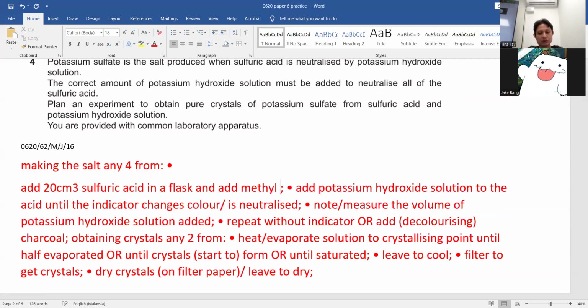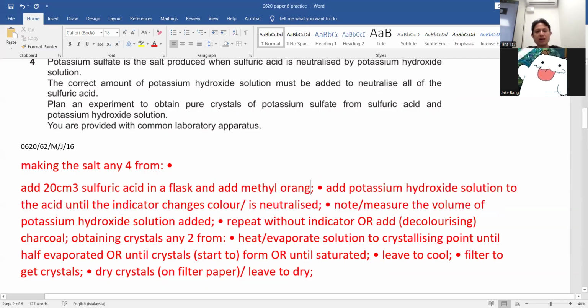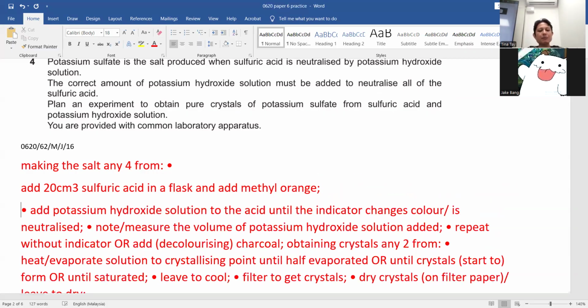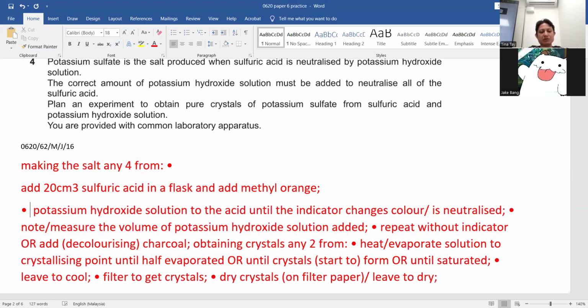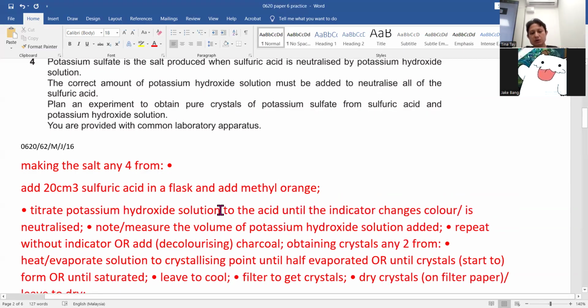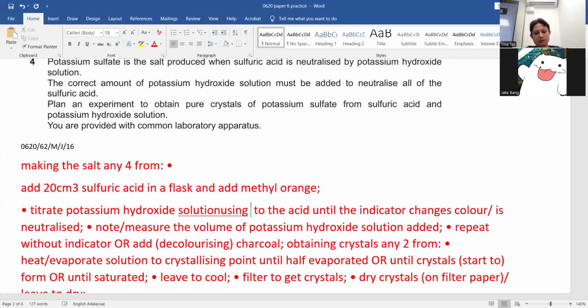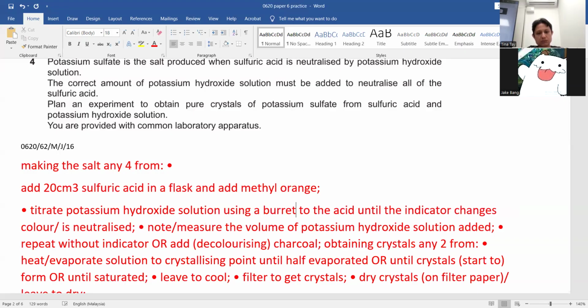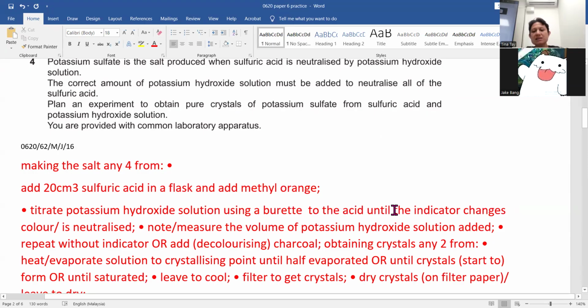Okay, let's say you want to do methyl orange. And then titrate potassium hydroxide solution using a burette to the acid until the indicator changes from what color?